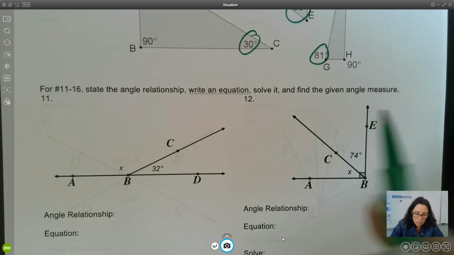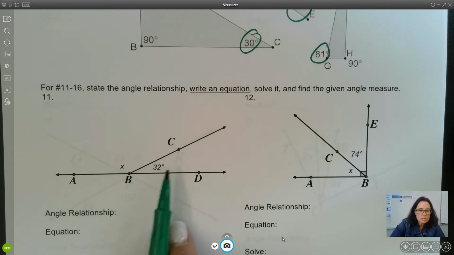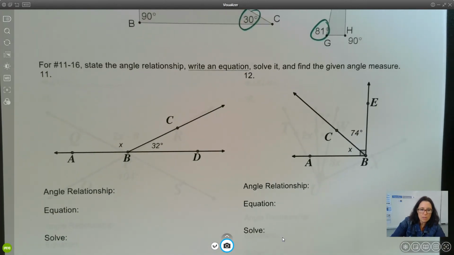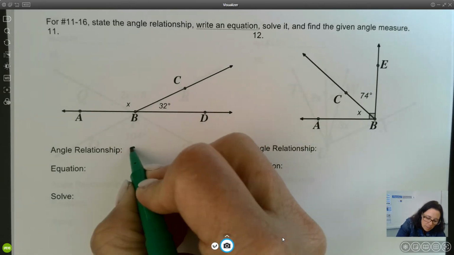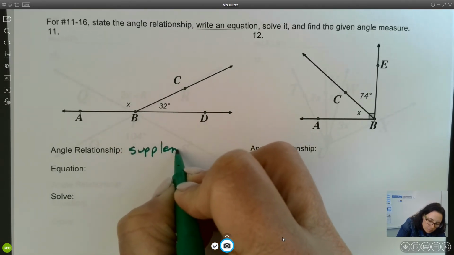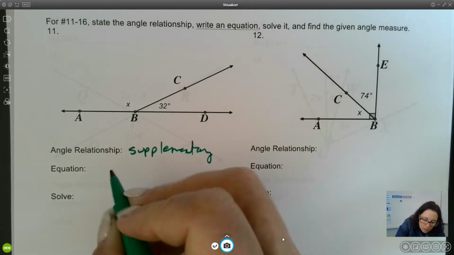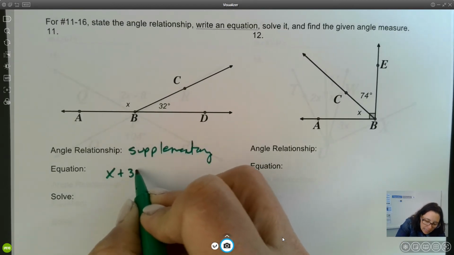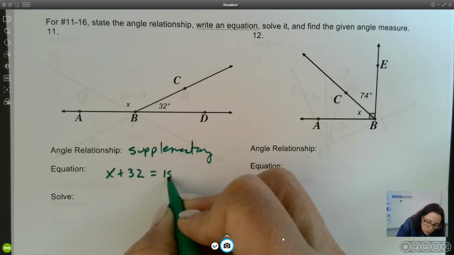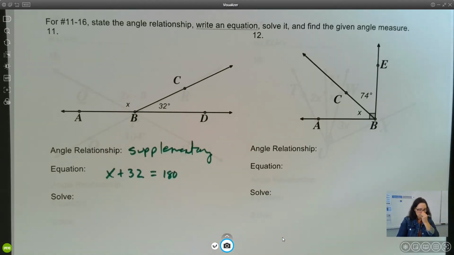All right, so these two angles, let's think of our vocab that we just learned. They are supplementary. We know that they added together must equal 180.